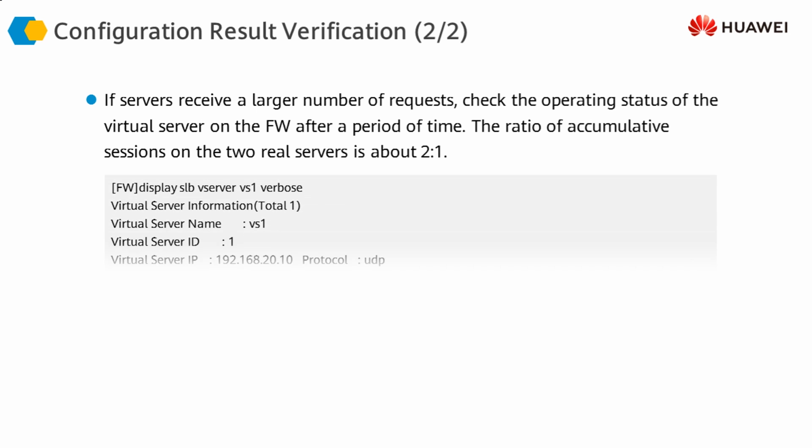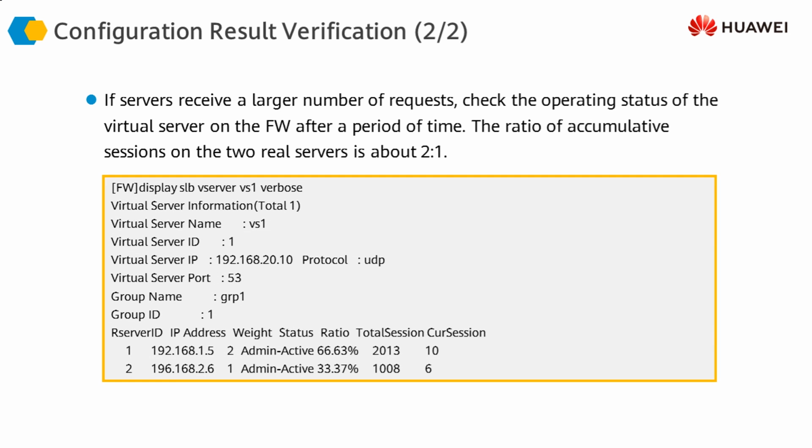If we want to look at the traffic distribution across the real servers, we issue the command display SLB server VS1 verbose, which means that we want to look at the details. Then we can see the two real servers which are working behind this virtual server IP address. Important thing is this server has a weight of 2 and this server has a weight of 1.